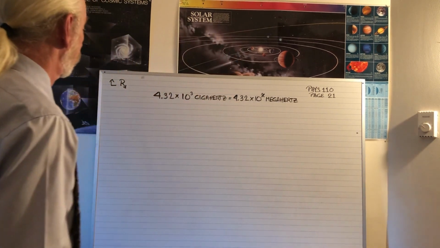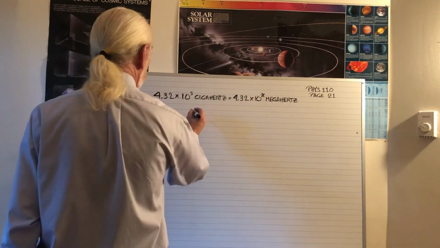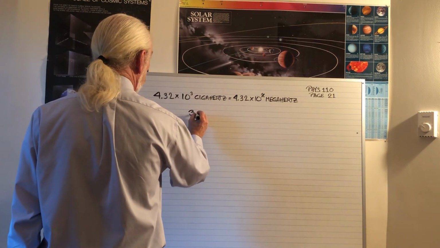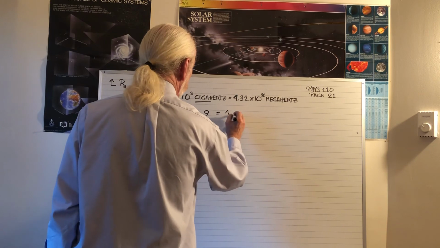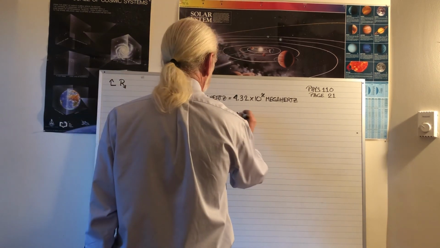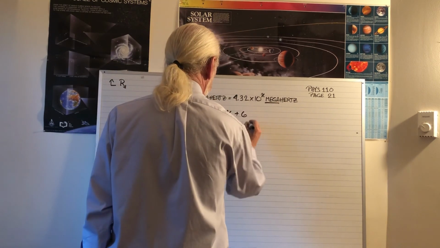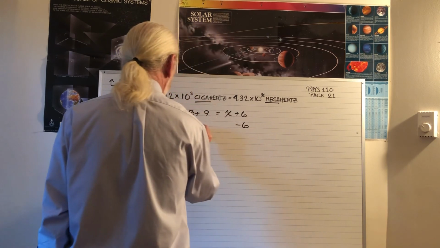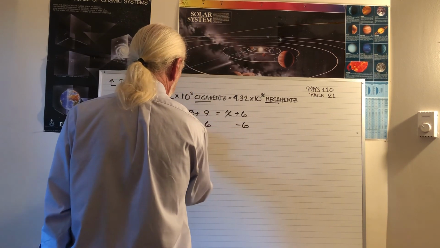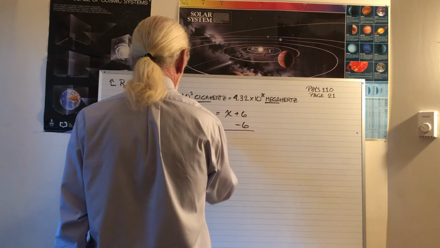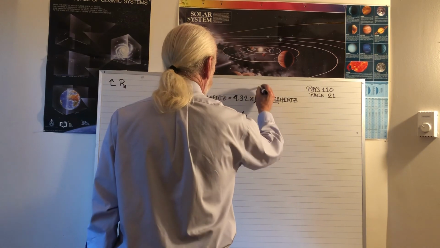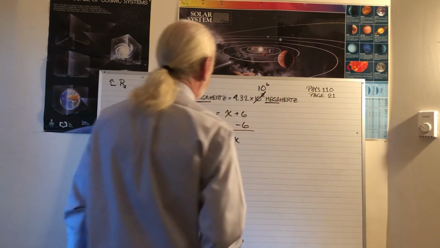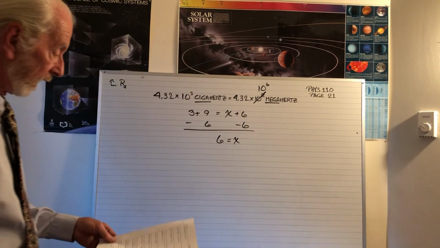Okay, so left to right, prefixes and exponents. 3 plus 9 equals x plus 6. Subtract 6 from both sides. 12 minus 6, 6 equals x. And there's our answer, 10 to the 6. There it is. All right.